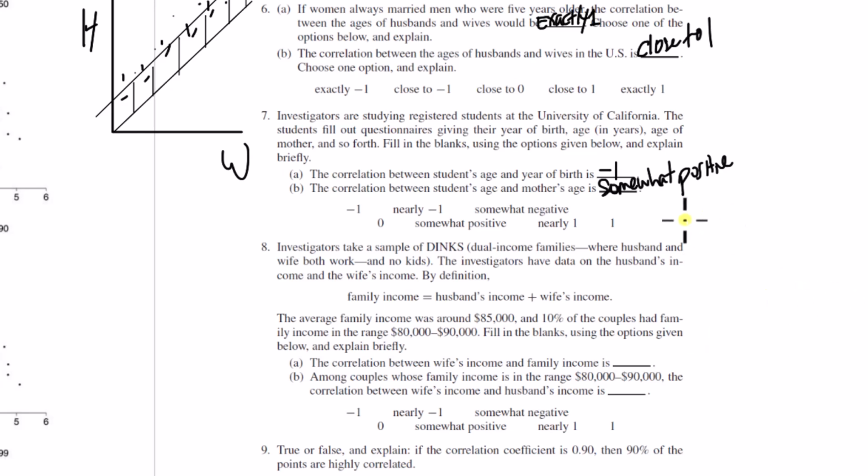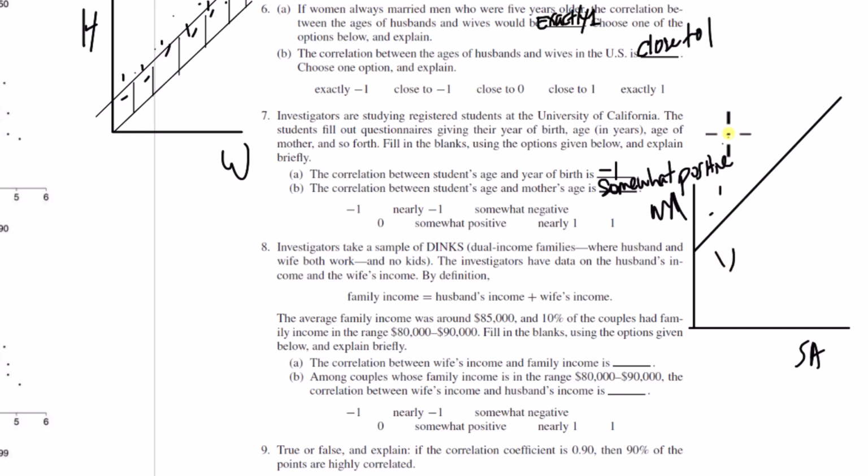I said that the mother is going to be somewhere between 20 and 35 years older than the student. The student's around 18, 19 years old, so that's almost the entire age of the student. So yeah, somewhat positive. You'd be somewhere up here, and it would probably be somewhat positive.